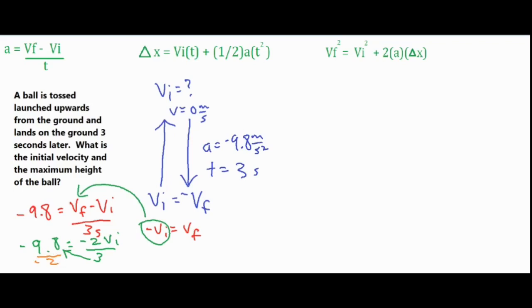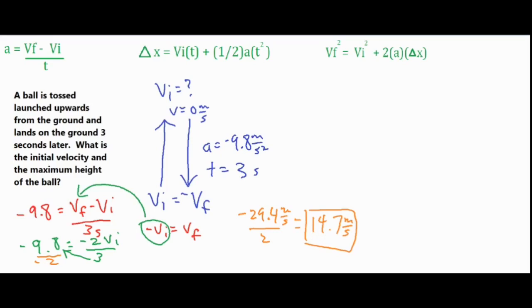And that should give me my answer. So 3 times negative 9.8 is negative 29.4. And then if I divide that by 2, that's going to give you my answer, which comes out to 14.7 meters per second. And now I have my VI.